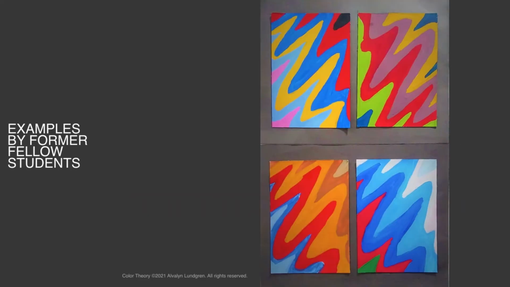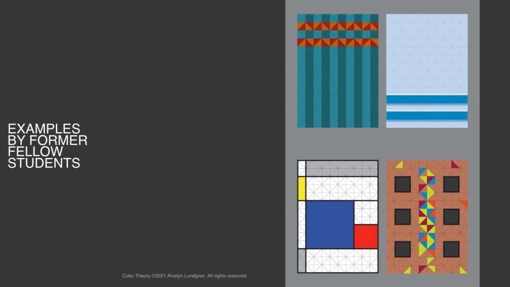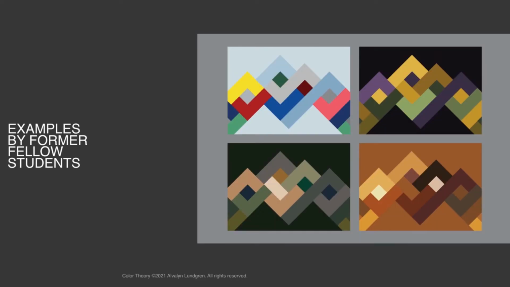Examples. This is an analog gouache example. This is a digital example. You can see that the designs are different, but there is common ground to each of them. This one is the same design with 4 colorways. Another digital example.